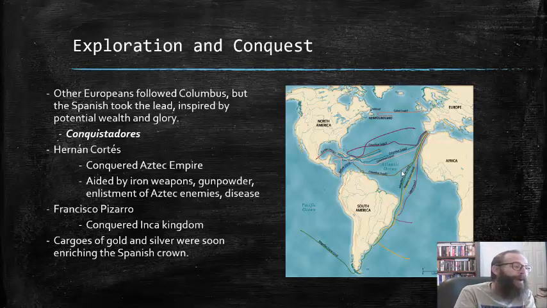Right before the final battle that led to the fall of the Aztec capital of Tenochtitlan, there was an outbreak of smallpox in Tenochtitlan that decimated the Aztec warriors and severely impeded their ability to fight back against Cortez and his Native American allies.